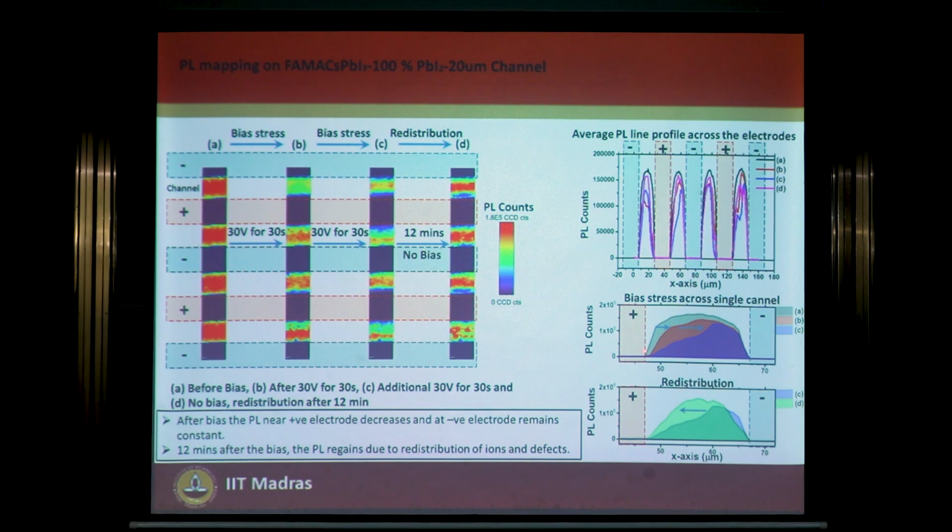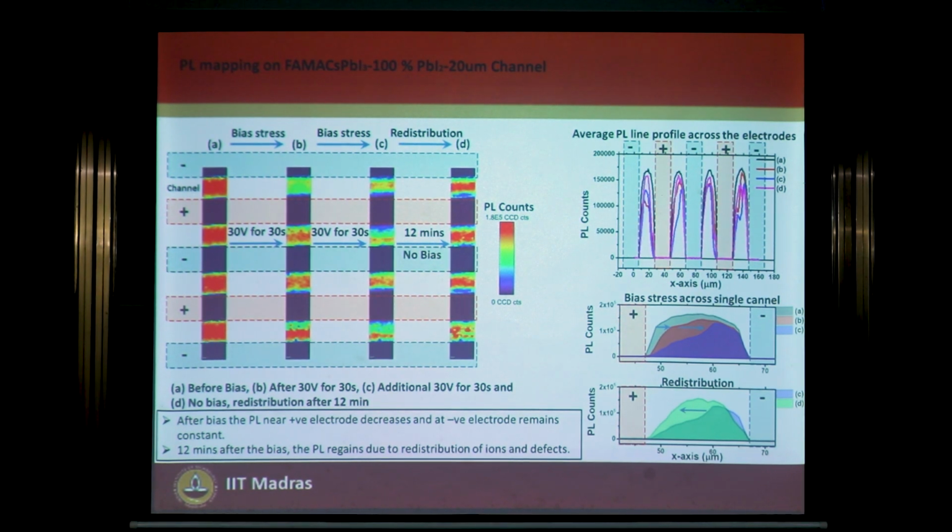This is the before-bias condition. As you apply a bias, you see changes in the PL profile across the channel. Across the positive electrode, your PL is getting quenched, and at the negative electrode it is not much affected.